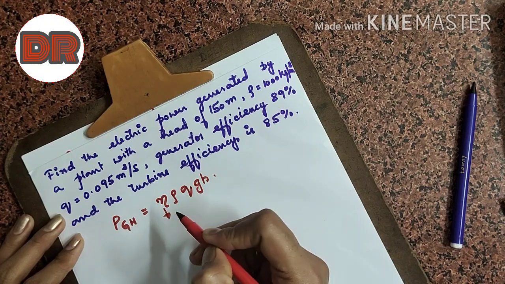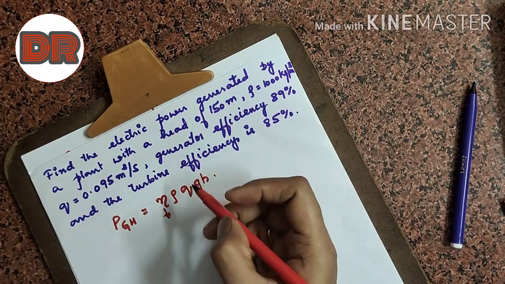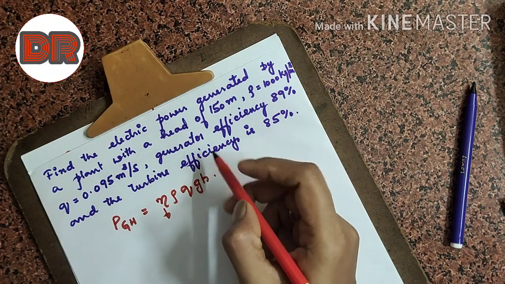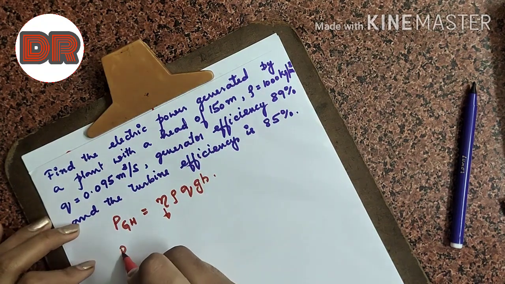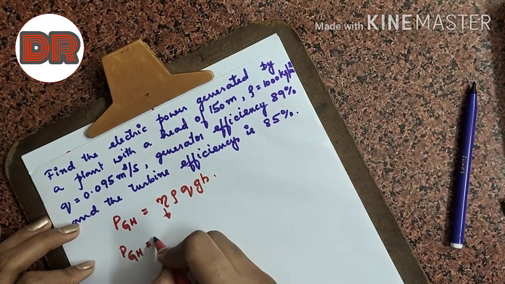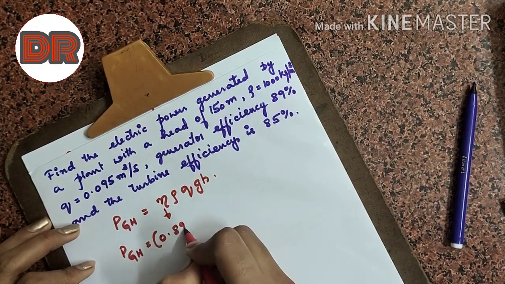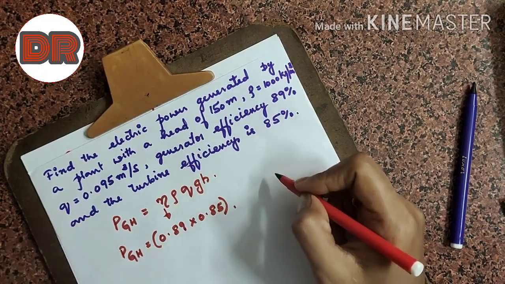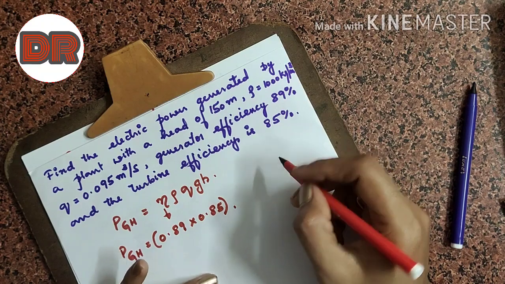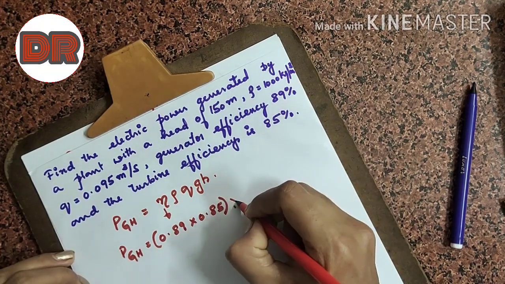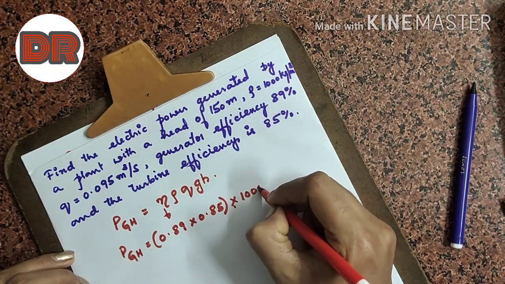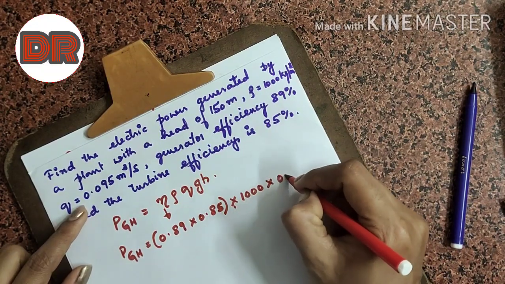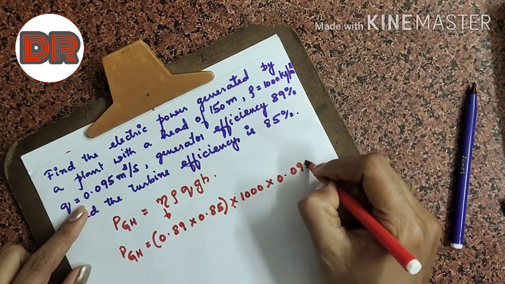Efficiency is actually the system efficiency, but here two different efficiencies are given for generator and turbine, so we have to take the combination. So PGH will be 0.89 into 0.85, the combined efficiency. Then rho is 1000 kg per meter cube, and Q is 0.095 meter cube per second.